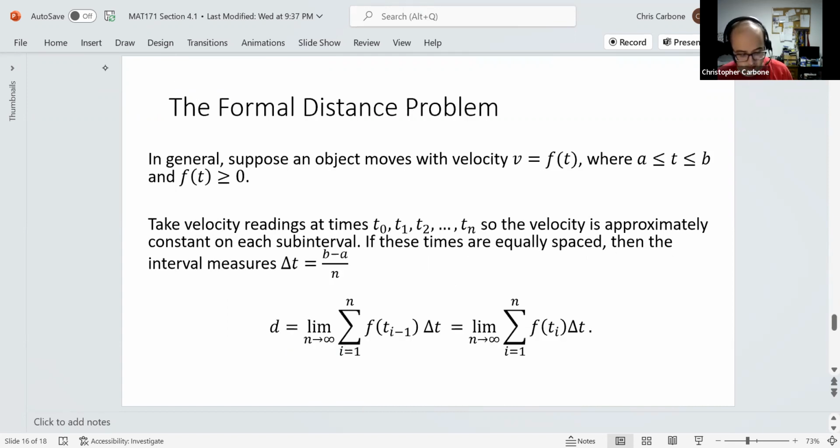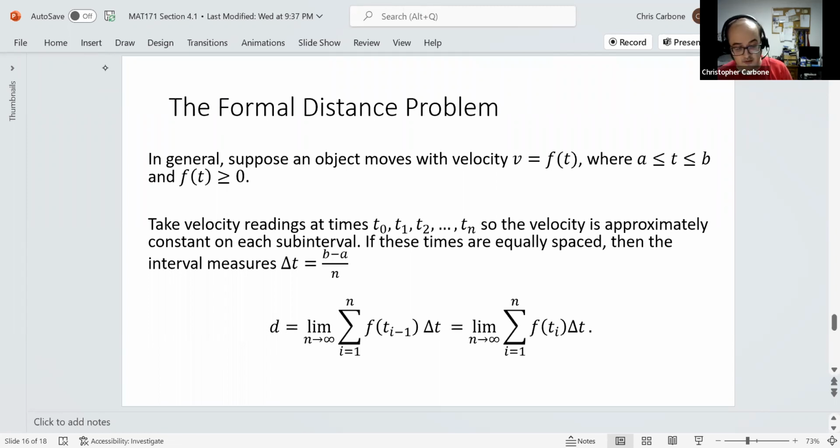So the formal distance problem is, in general, suppose an object moves with velocity v equal to f of t, where t is between a and b inclusive, and f of t is greater than or equal to 0. Take velocity readings at times t sub 0 through t sub n, so the velocity is approximately constant on each subinterval. As long as these are evenly spaced, delta t is equal to b minus a divided by n.